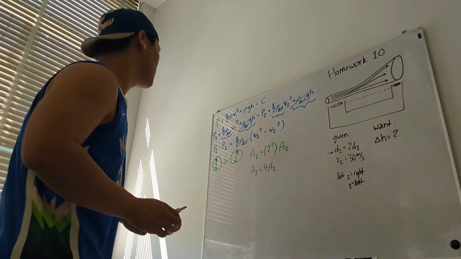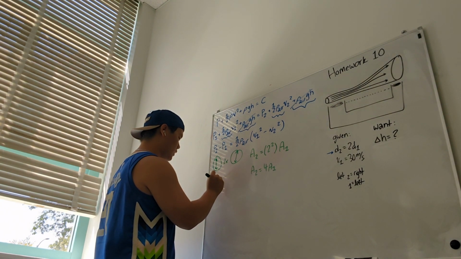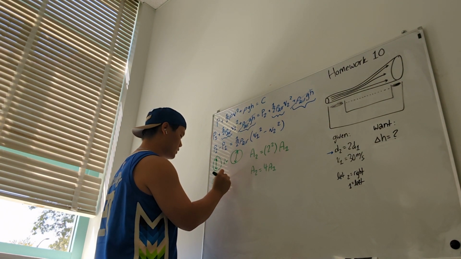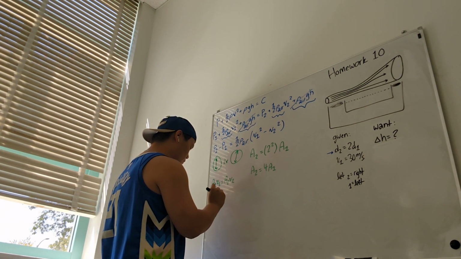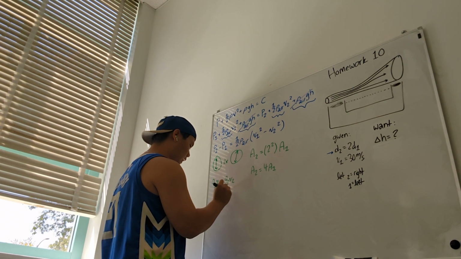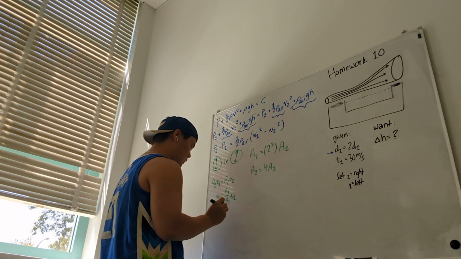What does that tell you? Well, we know that A1 V1 is equal to A2 V2. Now let's just fill in the blanks here. Let's isolate V2, which is what we're looking for. So we get A1 over A2 times V1.